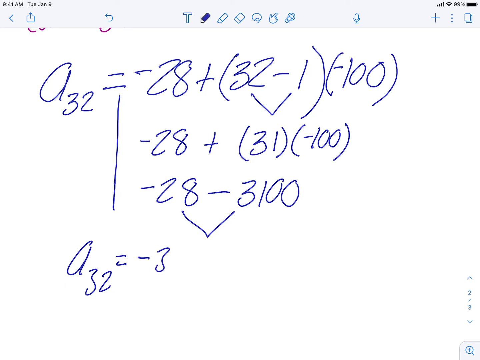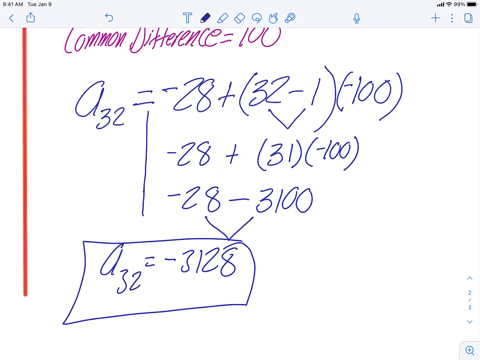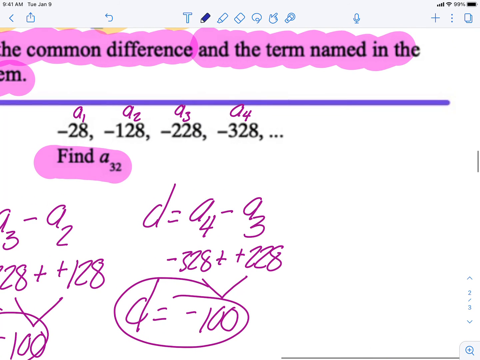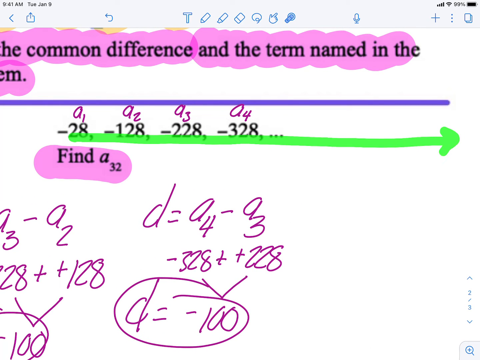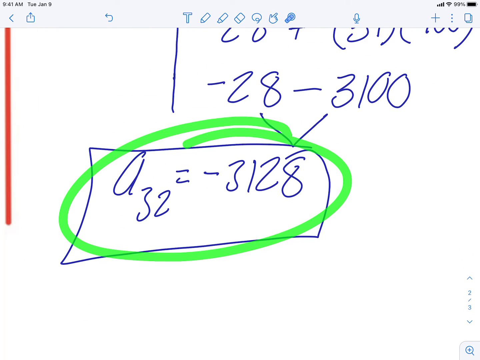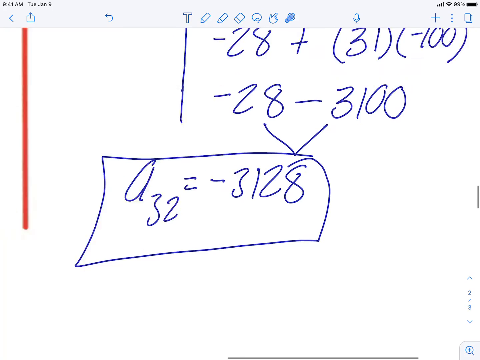I'm going to get negative 3,128. And that right there, kiddos, is our 32nd term. If we keep writing down this order and keep going all the way to the 32nd term, we're going to get that right there. That is the 32nd term, right?